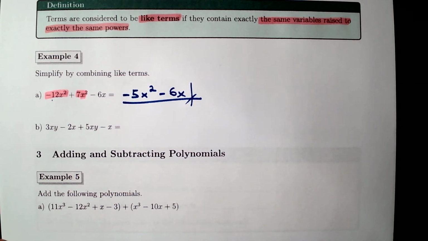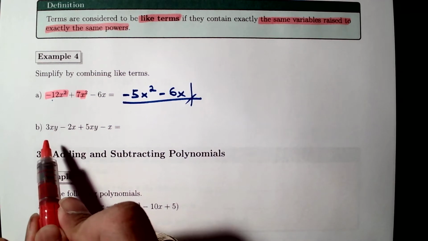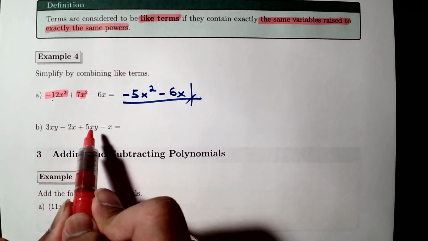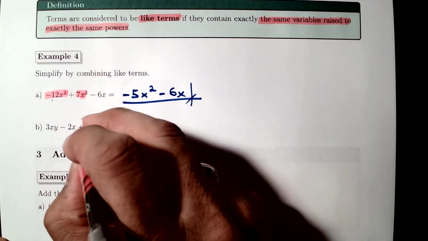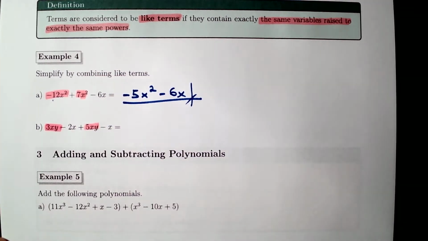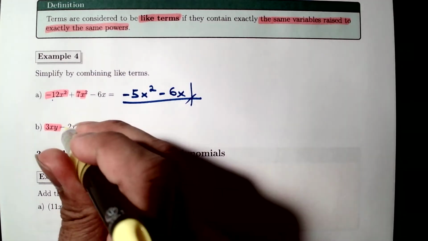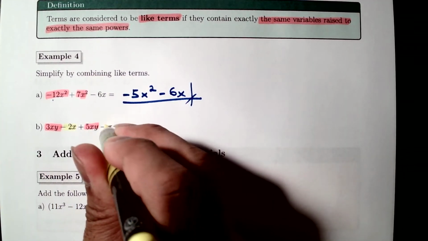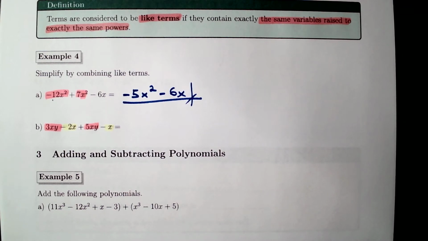Let's do the same for the next example. Let's identify the like terms. Notice we have xy and xy. How about we highlight those? But we also have x and x, so you might want to combine those together. Let's use a better color here.